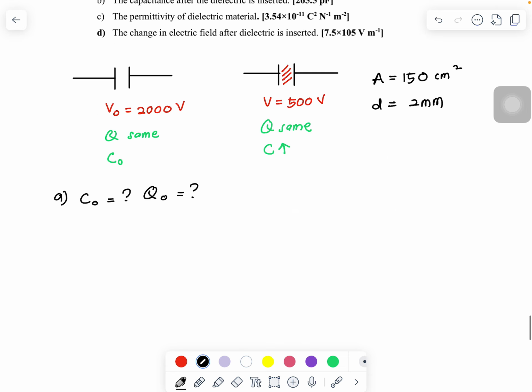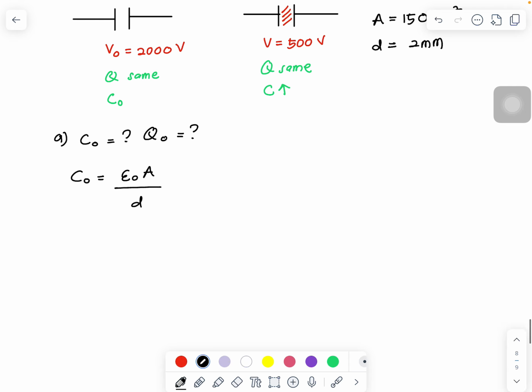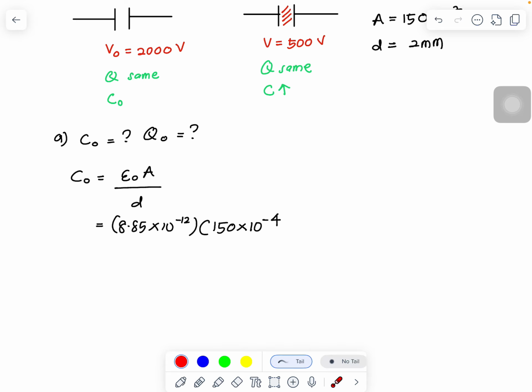So untuk kira C0, gunakan formula epsilon naught A over d. Sebab epsilon naught ni adalah constant, A dia bagi, d pun ada. Just masukkan 8.85 exponent negative 12. Area is given in centimeter, so convert to meter. Exponent negative 4 sebab dia adalah centimeter square, so kita squarekan.